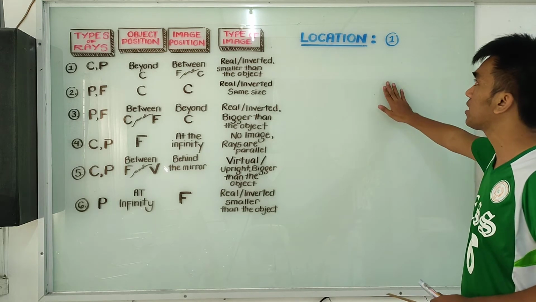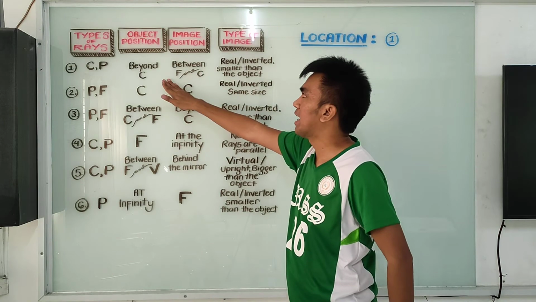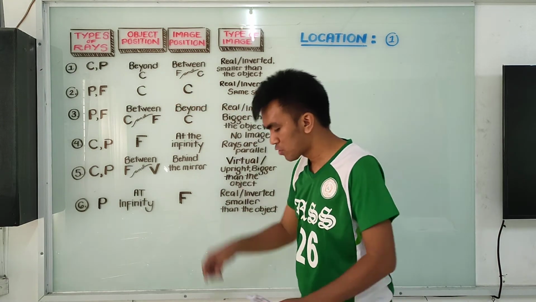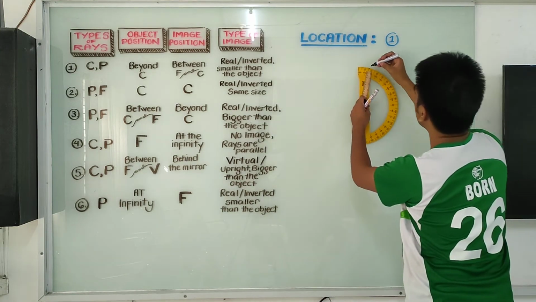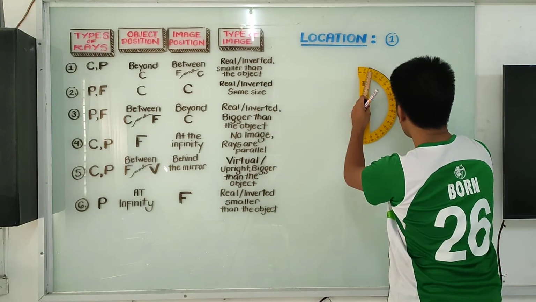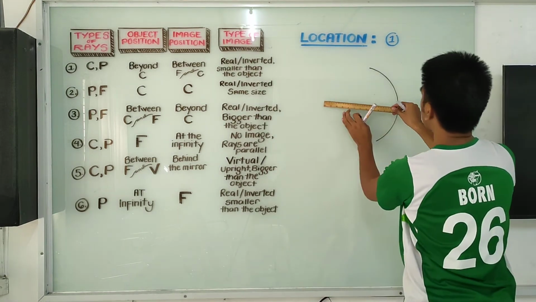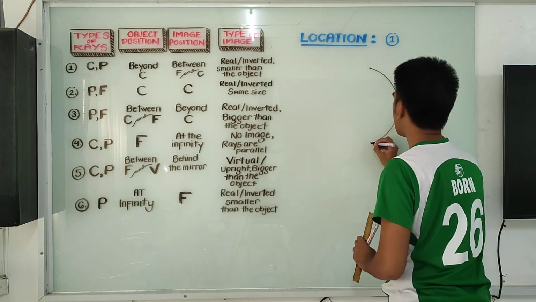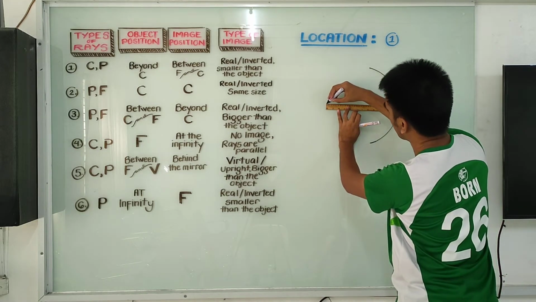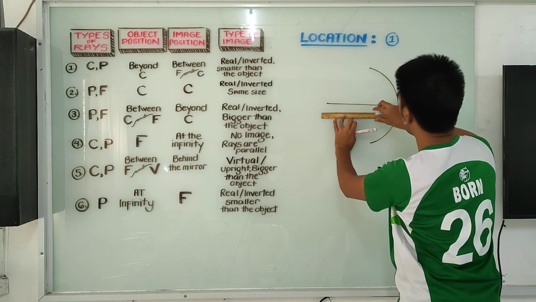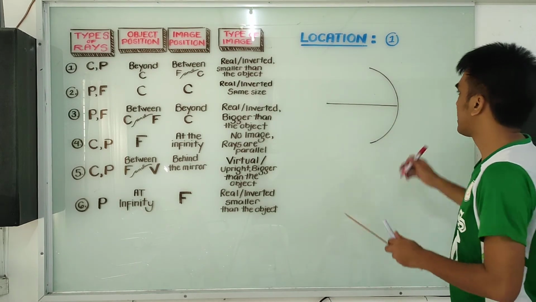So let's start with location number 1. Let us take a look at the object position. Let us illustrate our diagram first, and let us label it as well. You have to label it because the labels will serve as a guide for us.